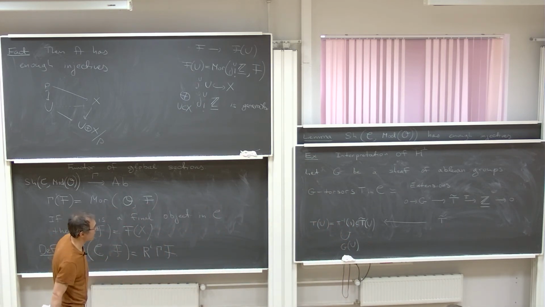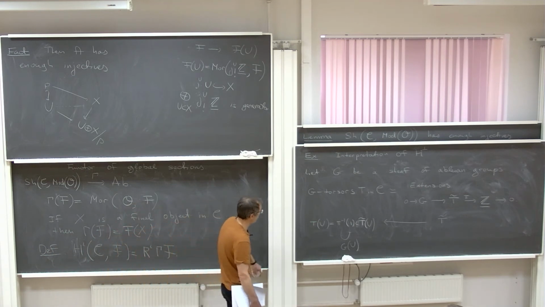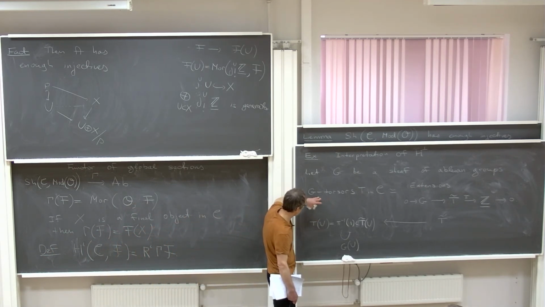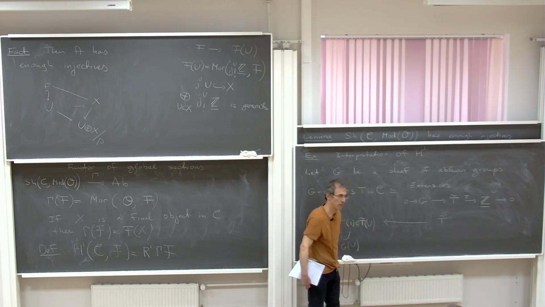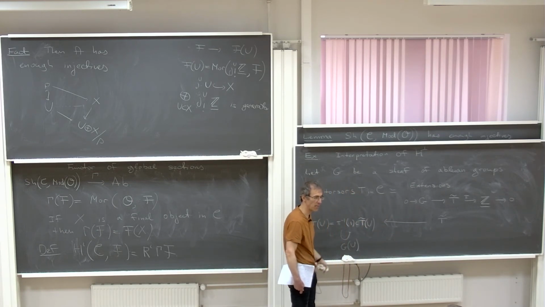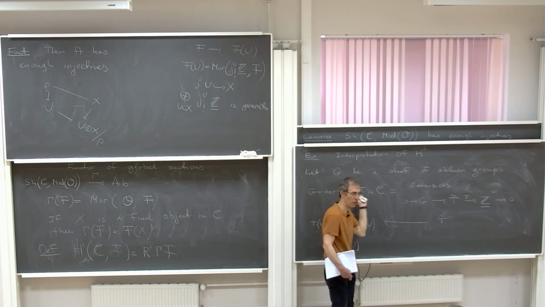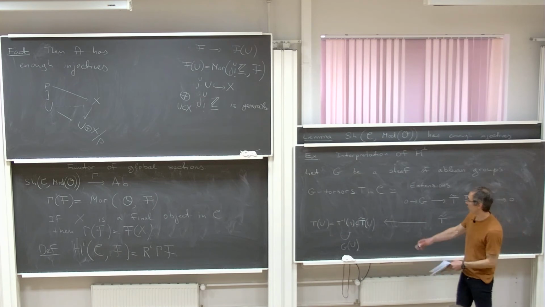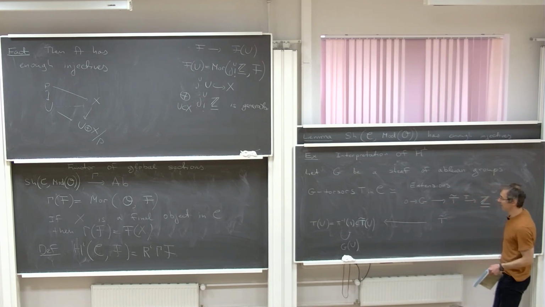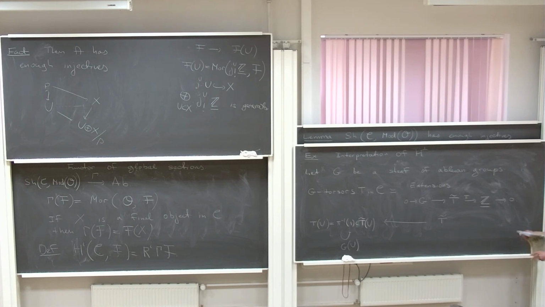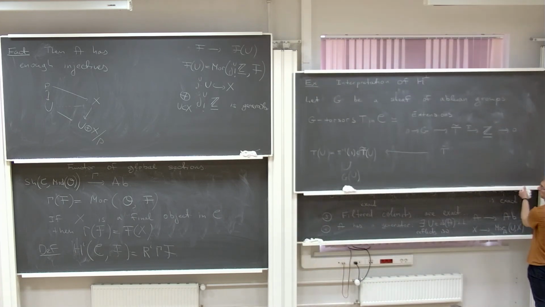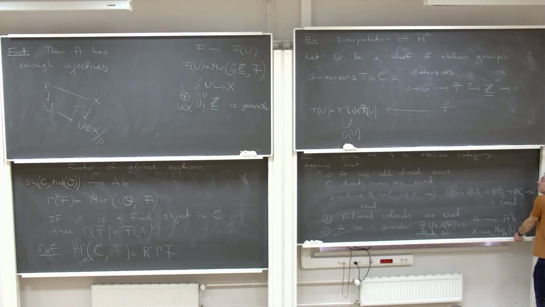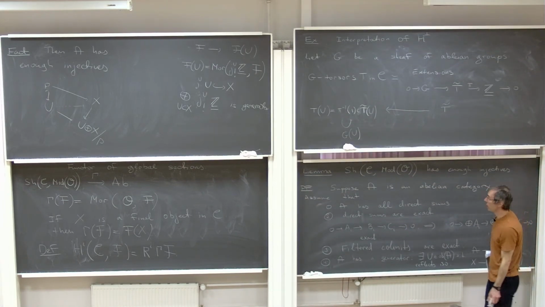And then both the formation of the category of torsors and of extensions, the rule that assigns to an object of C the category of torsors over this object, is a sheaf of categories. That's one way of saying it. This means that it's an equivalence.